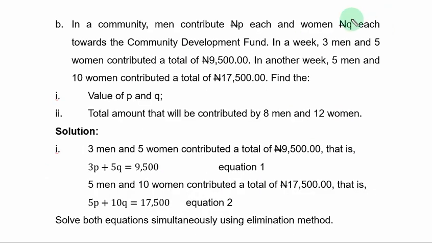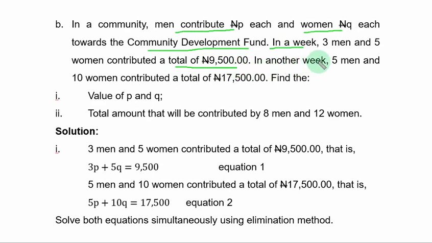Question 8b. In a community, men contribute P naira each and women Q naira each towards the community development fund. In a week, 3 men and 5 women contributed a total of 9,500 naira.